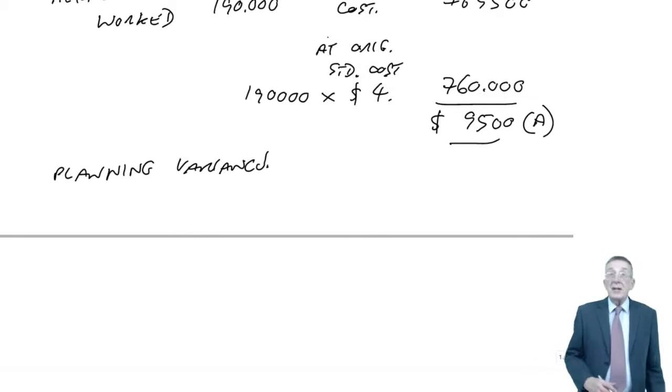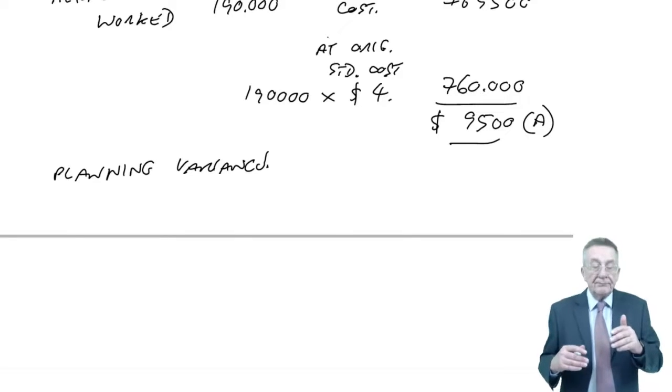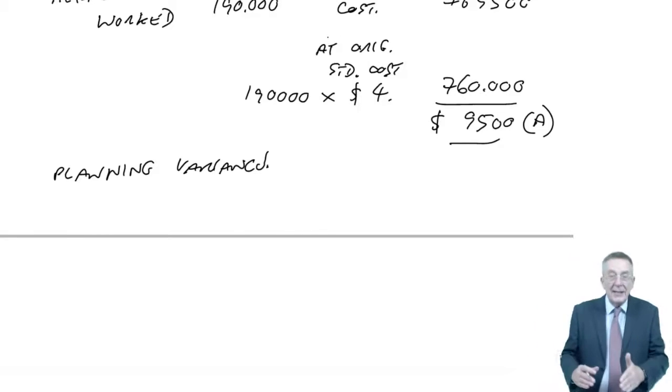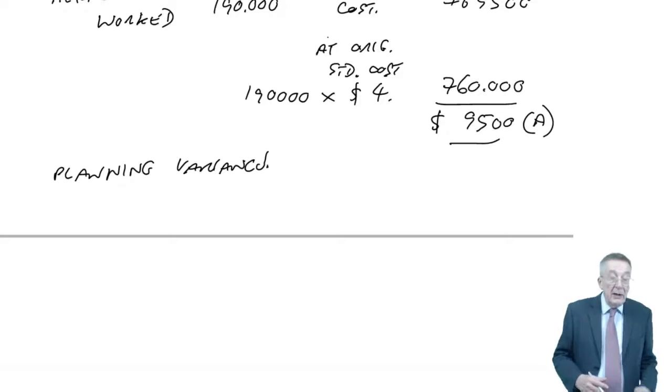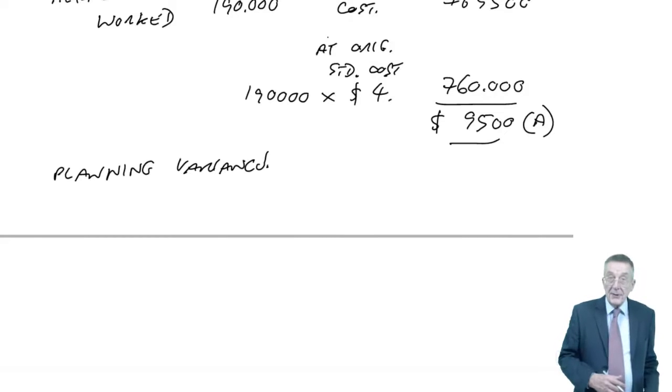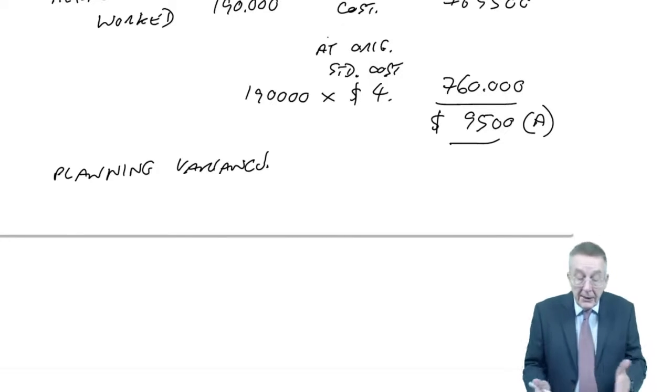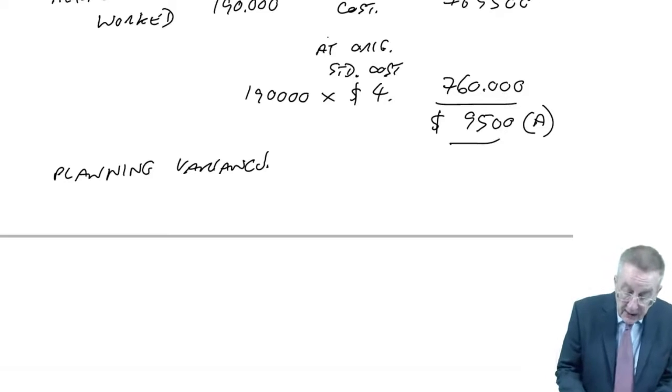just like in the previous example, for the planning, we're comparing the revised cost per hour with the original standard cost. So here I can write it shorter, because always it's the actual hours. So the actual hours, 190,000.